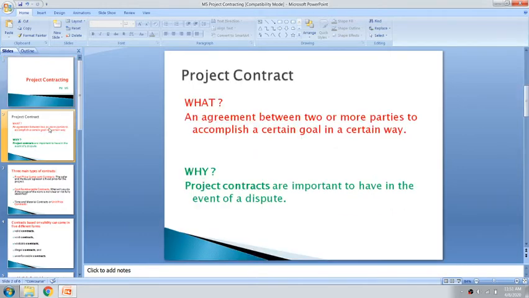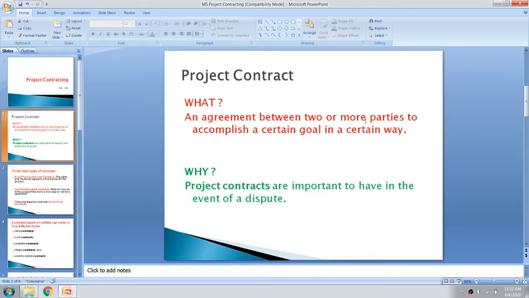What is a project contract? Why is it required? A contract is an agreement between two parties to accomplish a certain goal in a certain way. So the contract is always an agreement between two or more parties.